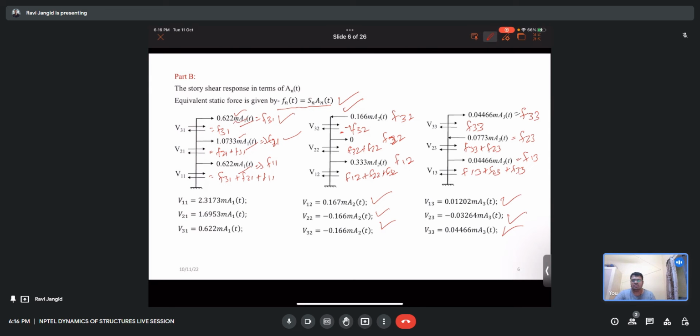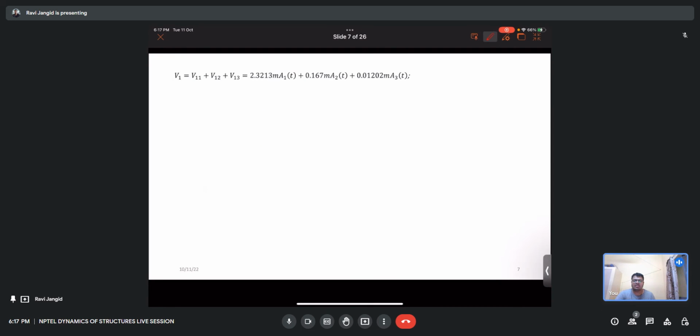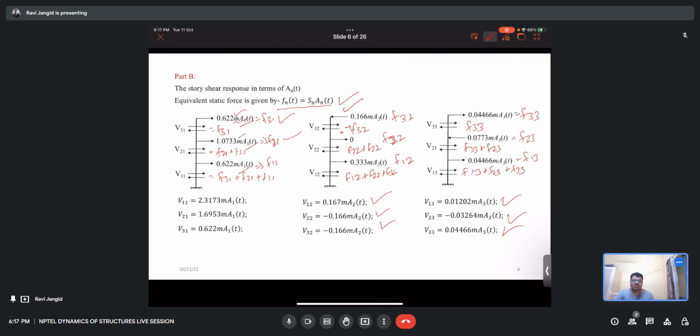So this is part B, in which we have calculated the shear force in terms of An(t). Now we come to part C, in which we need to calculate the moment. If you have the equivalent forces, then the moment you can easily calculate. After calculating the shear, you can calculate the combined shear in the first story, second story. For the first story, add V11, V12, V13.